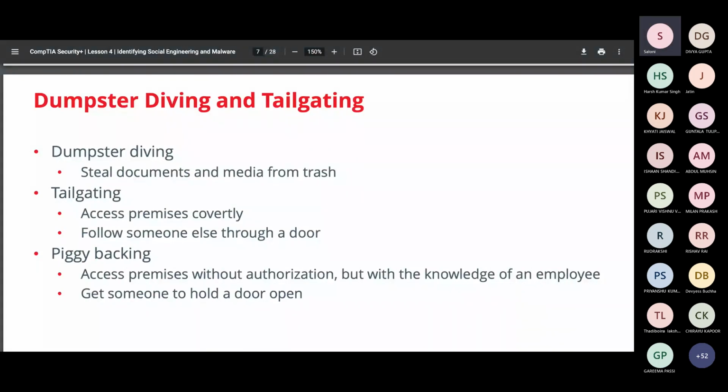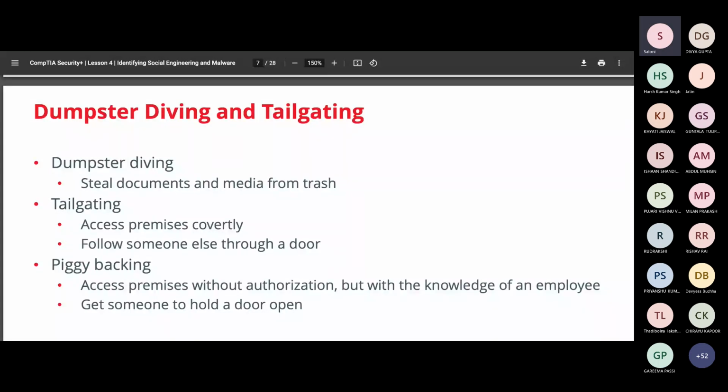Then we have piggybacking. This is a similar term, used in a similar situation, but the attacker enters a secure area with an employee's permission. In tailgating, the person unknowingly is followed and someone enters the premises through the door. In piggybacking, the attacker accesses the premises without authorization but with the knowledge of the employee.